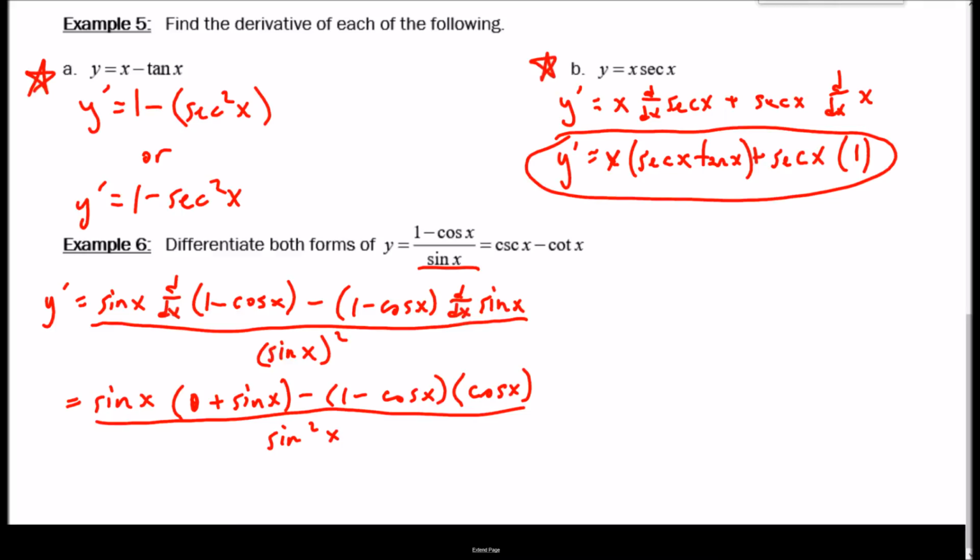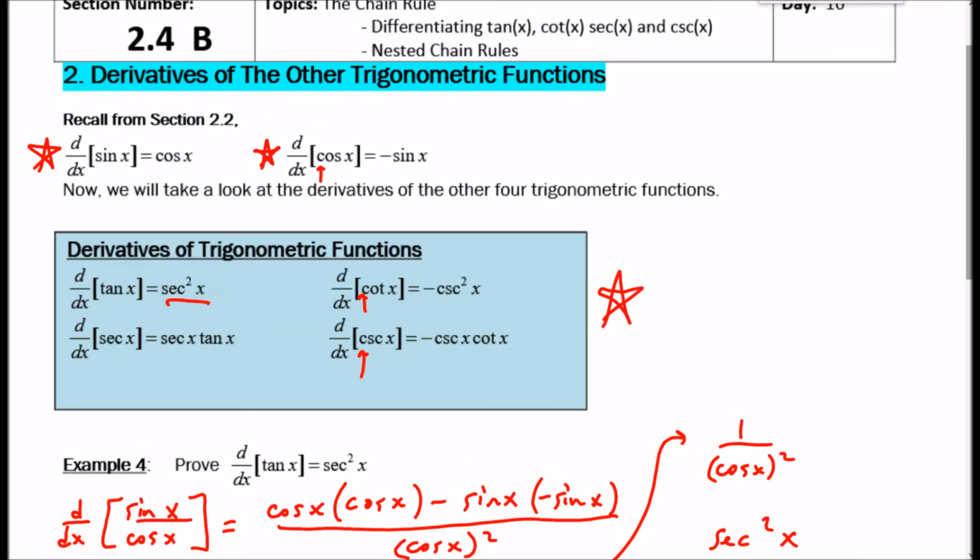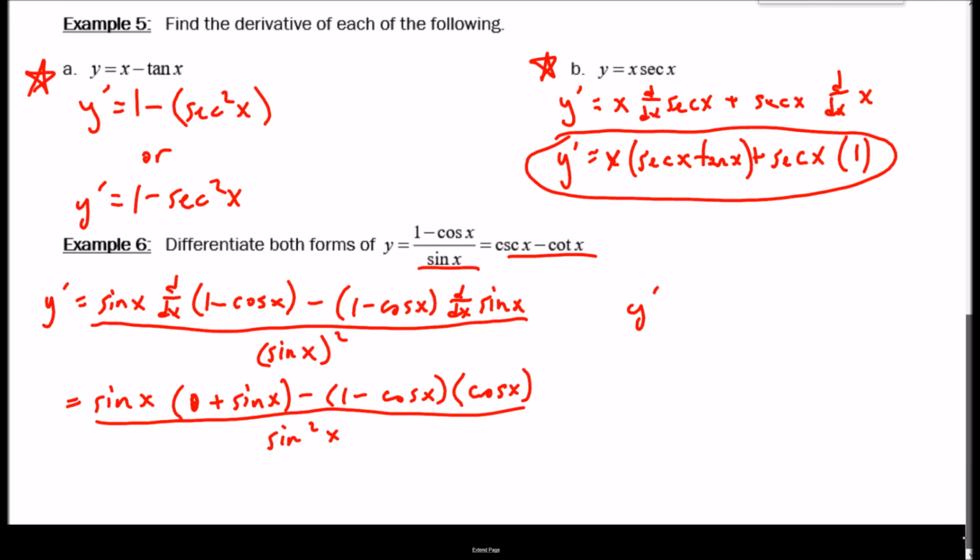I could go through and clean this up, but for purposes of finding the derivative, I have found that derivative. So let's look at the right side and the differentiation technique of using the known information from this chart. The derivative of cosecant x is negative cosecant x cotangent x, minus the derivative of the cotangent x, which is negative cosecant squared x.